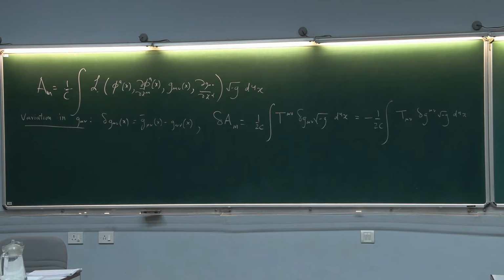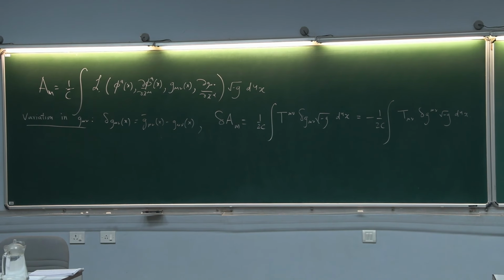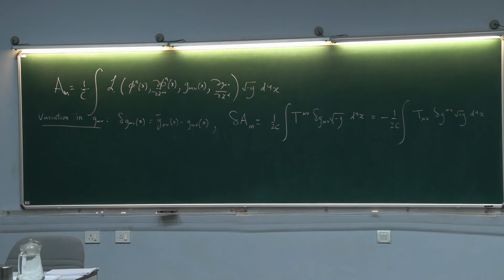I said that when the fields evolve according to the equations of motion, then the action is extremum. That means if I make a tiny variation, then to first order in the variation in the matter fields, the variation in the action must be 0. Then you will get back your equations of motion.